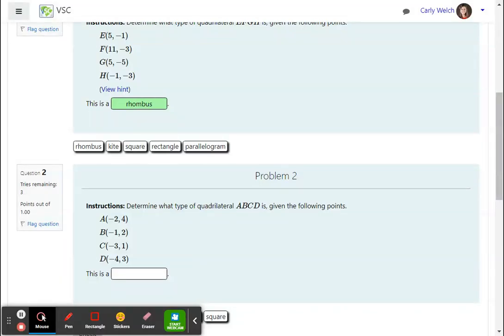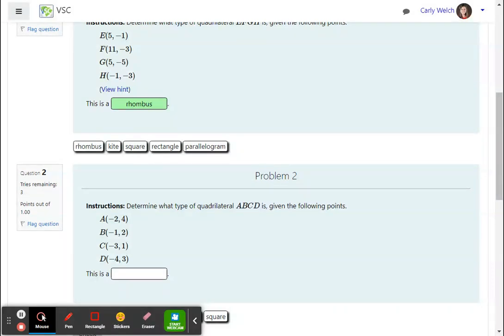You can use slope to determine that these are parallel, then these are parallel as well. And then these slopes should be the negative reciprocals of each other. So rise over run, we're going to go down 2 over 1, which gives me a negative 2. For this one, rise over run, we would go up 1 over 2, giving me a positive 1/2. So negative 2 and positive 1/2 are negative reciprocals, making this a 90-degree angle.